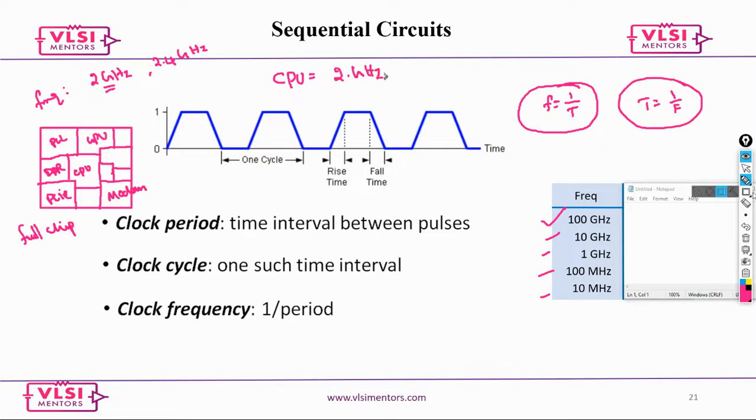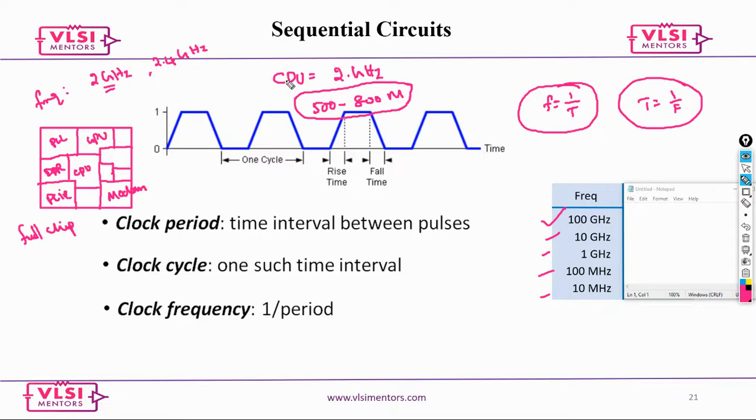All the other blocks would be operating anywhere between 500 to 800 megahertz, not beyond that. So if you think the whole chip in a simple mobile chip would be operating at 2 gig, you're wrong.